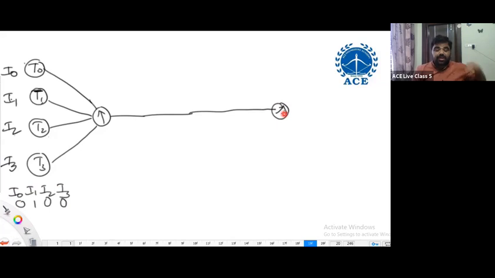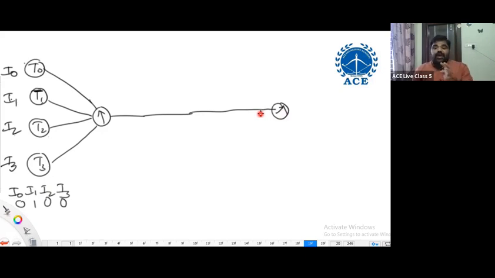T1 is enabled and going to transmit the data, which we can understand at the transmitter end because we have I0, I1, I2, I3 as 0, 1, 0, 0. With this we can confirm, yes, T1 is enabled. But the receiver doesn't know which one is transmitting the data.